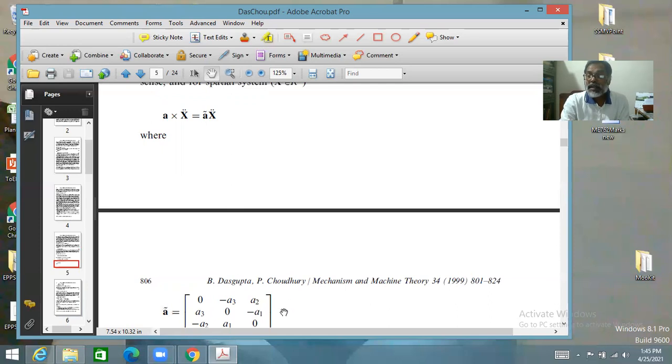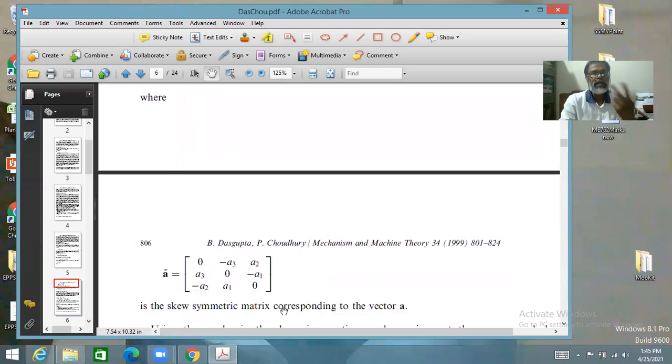This is similar to what we saw in the development of the angular velocity vector from the rotation tensor and its rate. It is a similar skew symmetric matrix. So whenever we have to put the cross product in the form of matrix expressions, in place of A cross something, we put this skew symmetric matrix A tilde into that something.